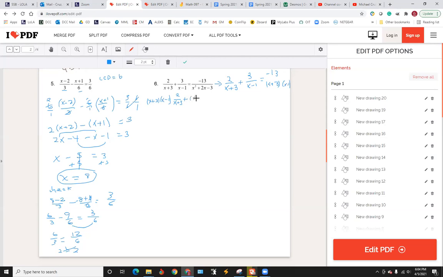So every one of the terms is getting multiplied by this x plus 3, x minus 1. And if we've done it correctly, then there will be no more fractions, no more rational expression. Wait a second. Okay, that's right.